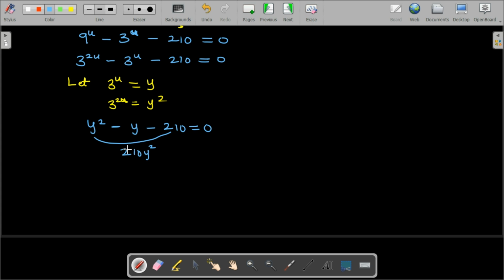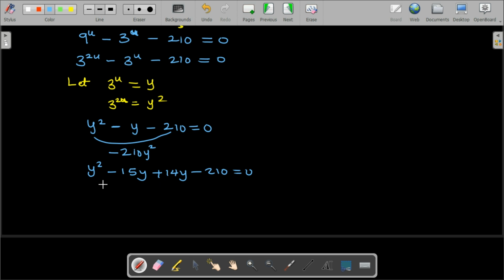Such factors are negative 15 and positive 14. So we could replace our minus y with y squared minus 15y plus 14y minus 210 equals 0, since minus 15y plus 14y gives us minus 1y, and the product of minus 15y and plus 14y gives us minus 210y squared.